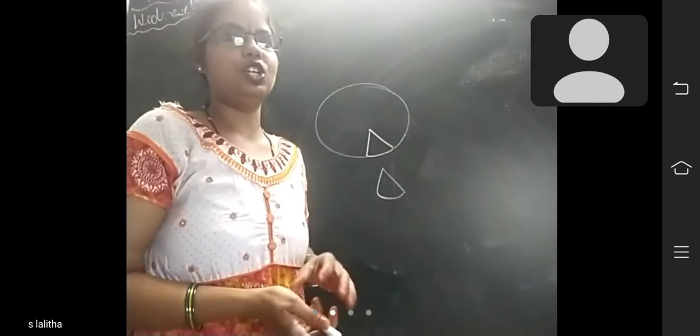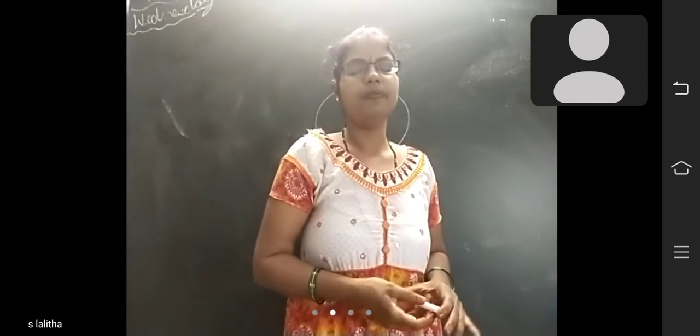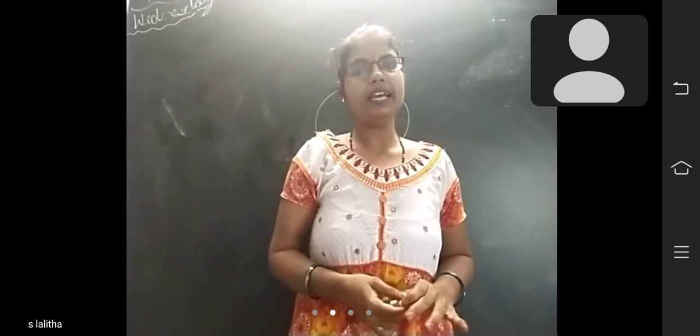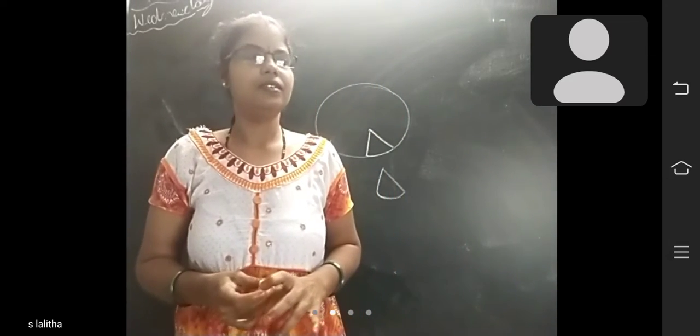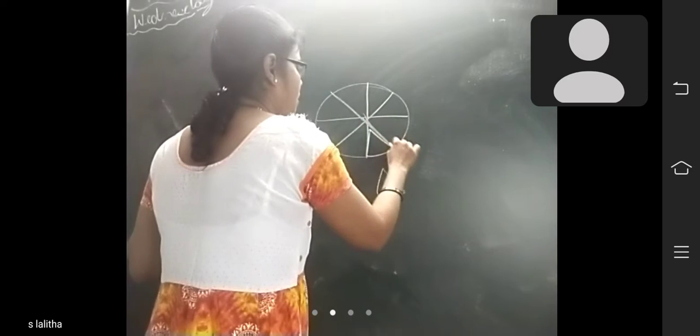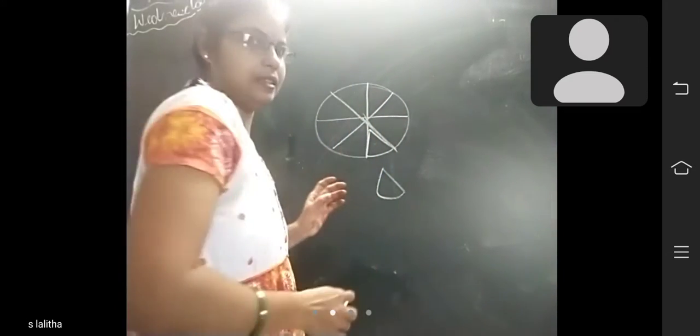So fraction means what? It is a part of a whole. And next, what do we learn? Suppose this cake is cut into how many pieces? 1, 2, 3, 4, 5, 6, 7, 8 pieces. Now I am taking this piece.